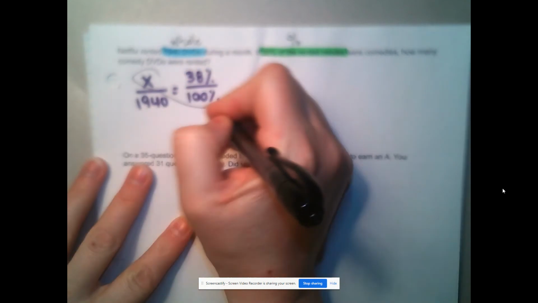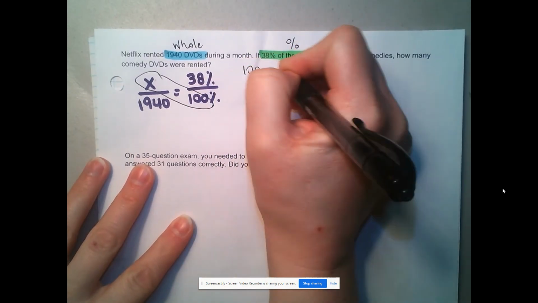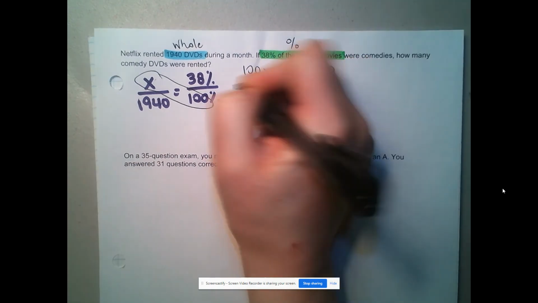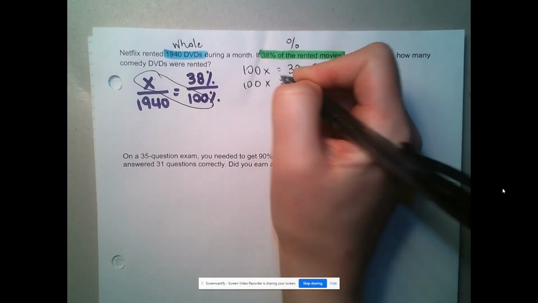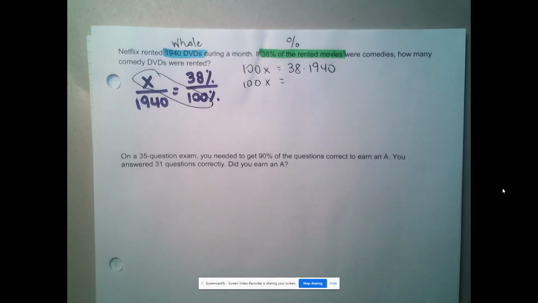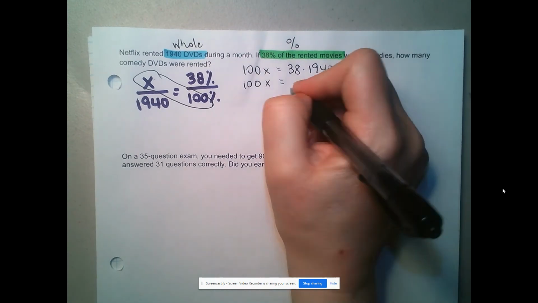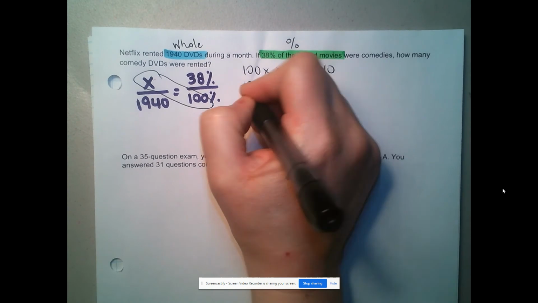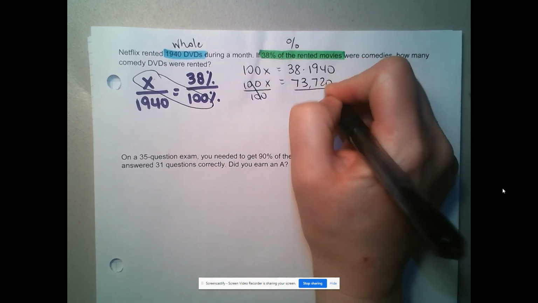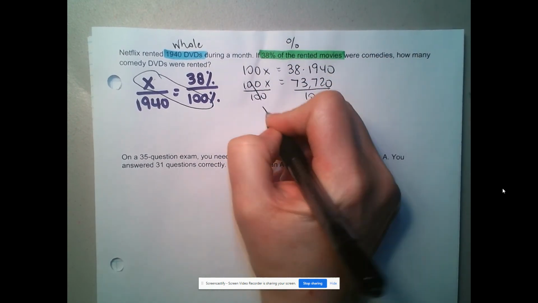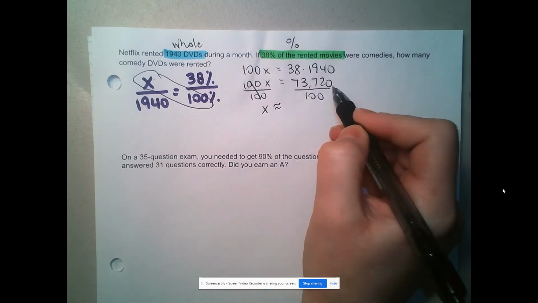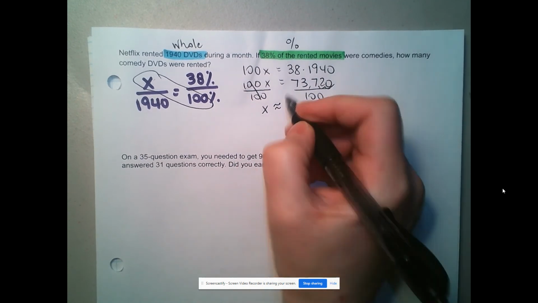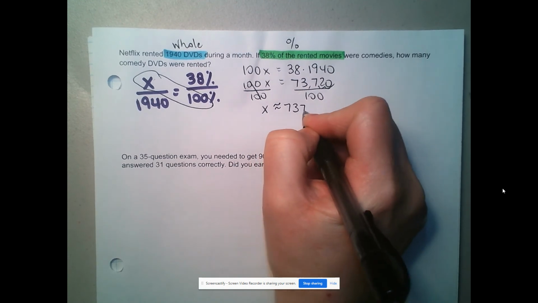So you cross multiply. So 100 times X equals the 38 times 1,940, which nobody does off the top of their head, or I should say very few people do that off the top of their head. And you get 73,720, which is not our final answer because we have our one algebra step of dividing by 100. X is approximately, now if I move this decimal two places, you'll notice it's 737.2, but we can't have 737.2 movies.